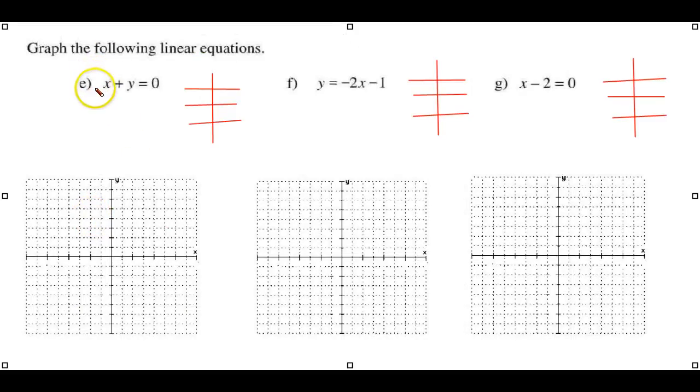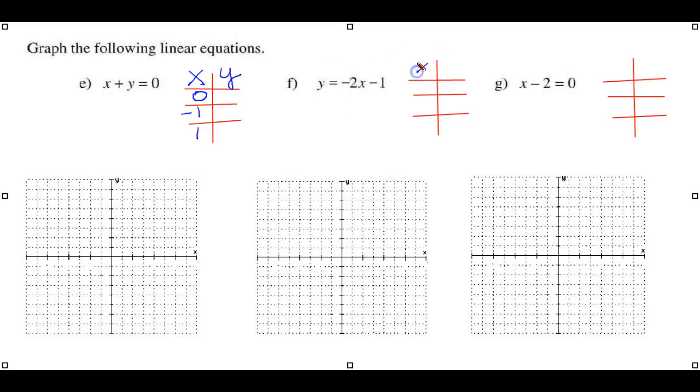Now in letter E, F, and G, they don't give you a pre-made t-chart. So here we make our own. X and Y. And we can put a value for x as 0, -1, and a +1. The same thing here.